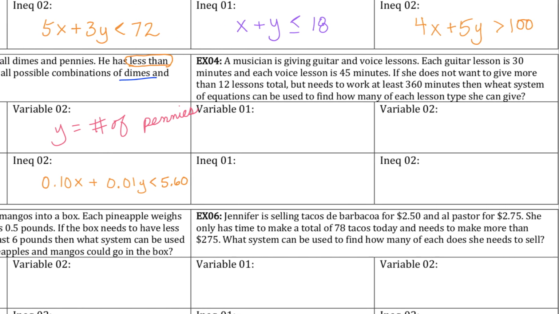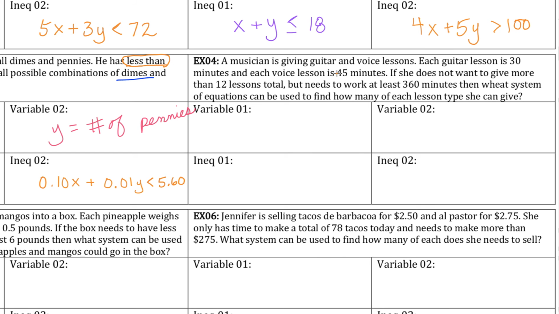So a musician is giving guitar and voice lessons. Each guitar lesson is 30 minutes and so on. It should say then what system of equations can be used to find how many of each lesson type, guitar lessons and voice lessons.